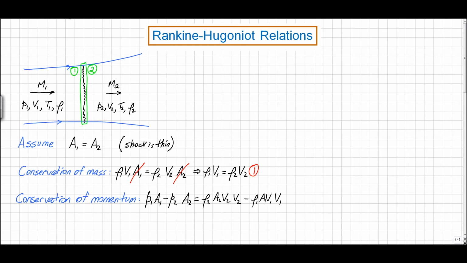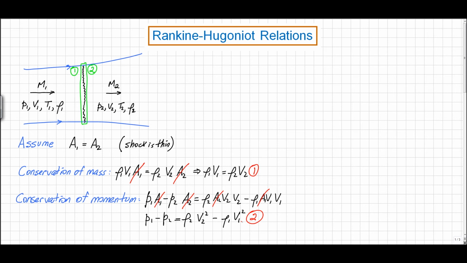So again, we can cancel out our areas because they're all the same, and we'll look at what we've got left, which is that P1 minus P2 is equal to ρ2 V2 squared minus ρ1 V1 squared. So that's the form of the momentum equation we're going to use. We'll call that equation 2.